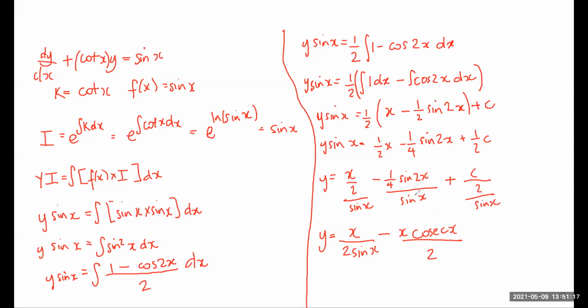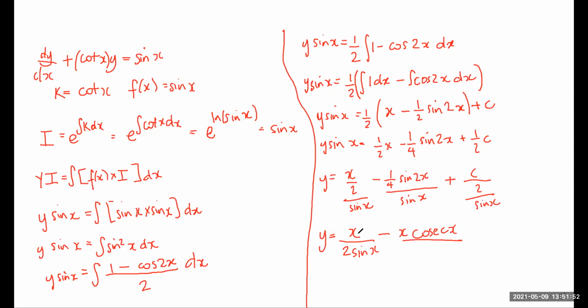They're expecting to see x cosec x over 2. I said x cosec x over 2, not x over cosec x times 2. X cosec x over 2.